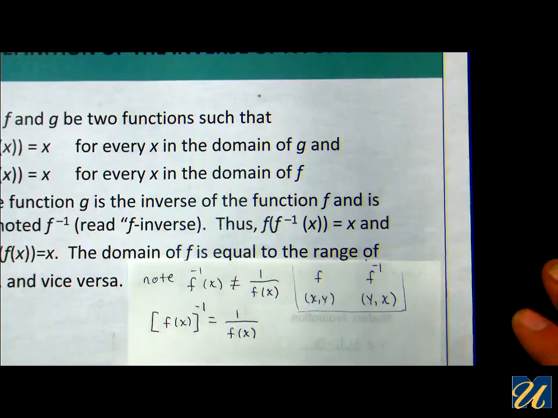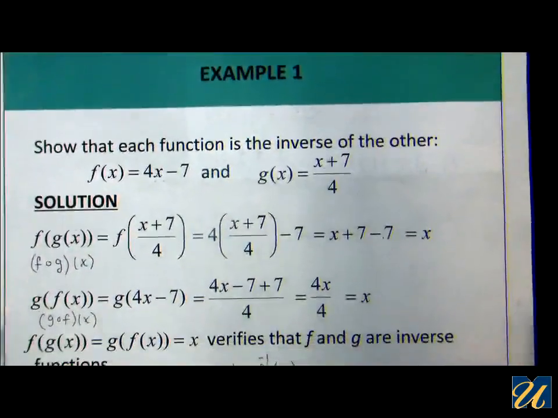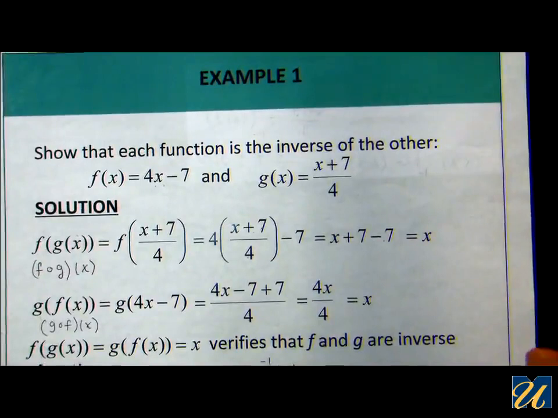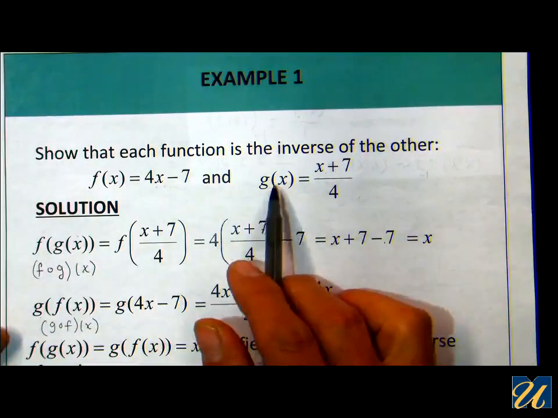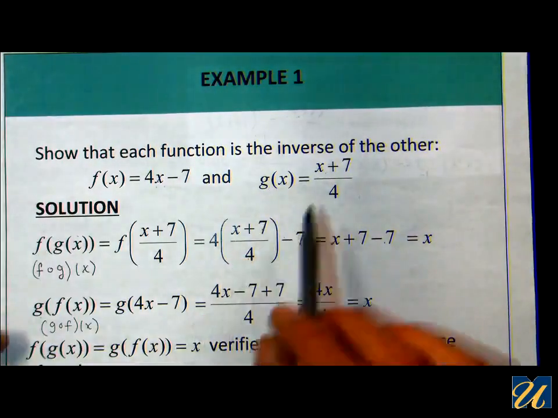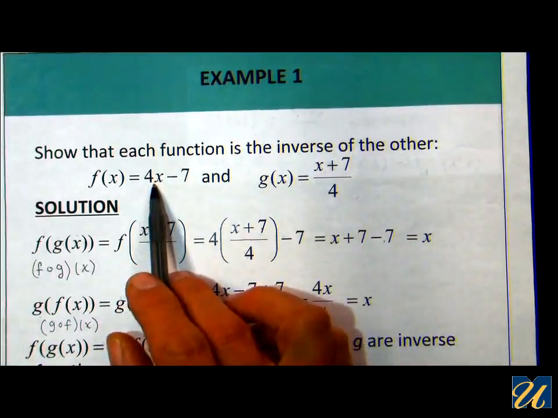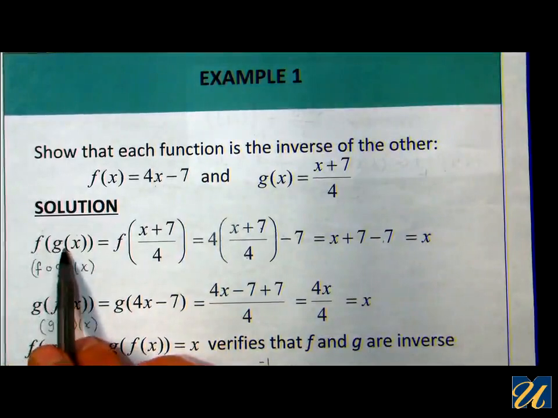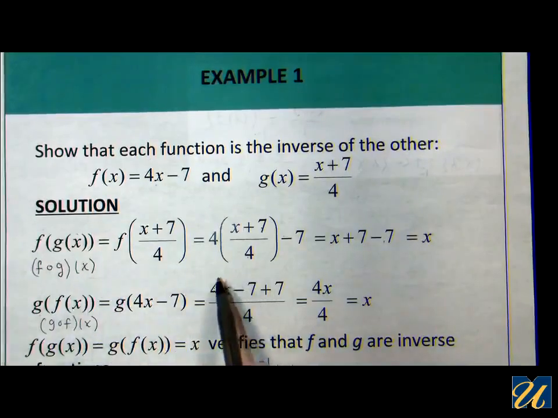Let's find the inverse of a function and look at those steps. Show that each function is the inverse of the other. Okay, we have function f and we have function g. If they are inverses, then when we put the g of x function inside the f of x function, in other words, f compose g of x, and simplify that resulting expression, we end up with the variable x.